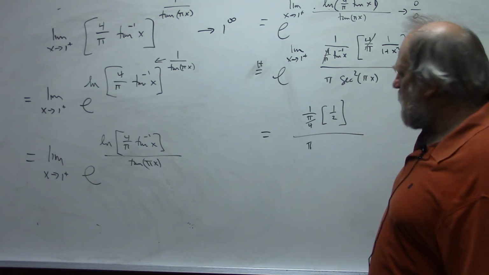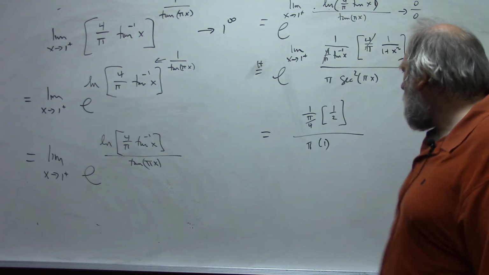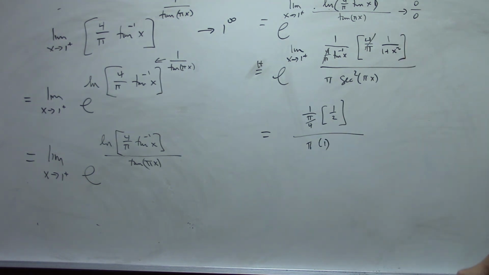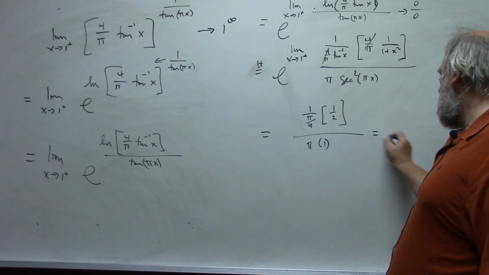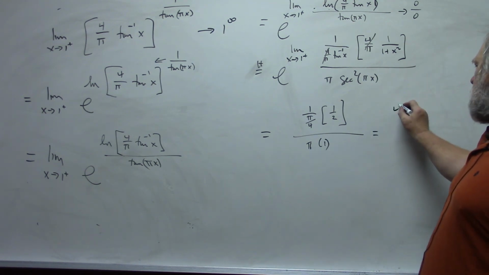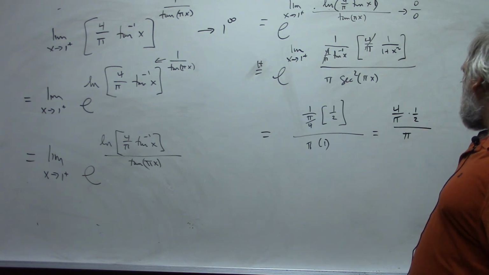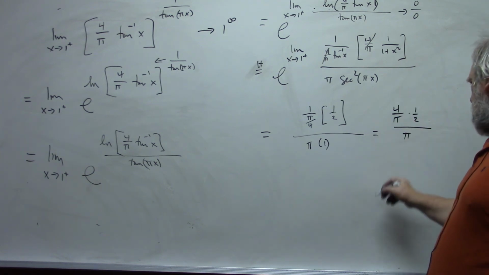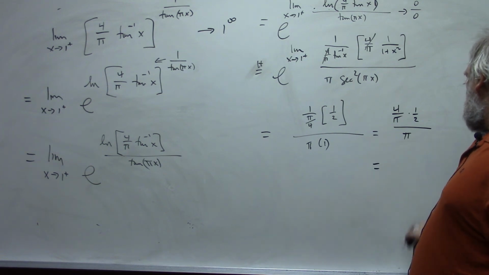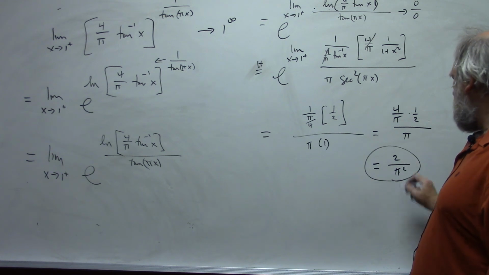Secant of pi is -1, but when we square it, we get 1. So this just becomes pi. And so then, doing a little bit of algebra simplification, this becomes 4 over pi times 1/2 divided by pi, which is 2 over pi squared. That is my final result.